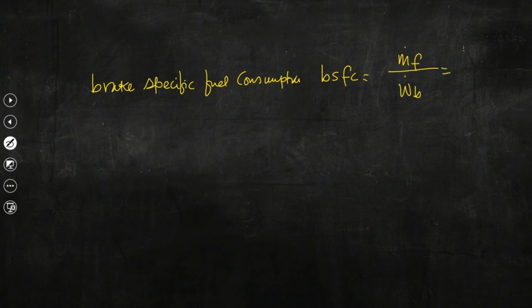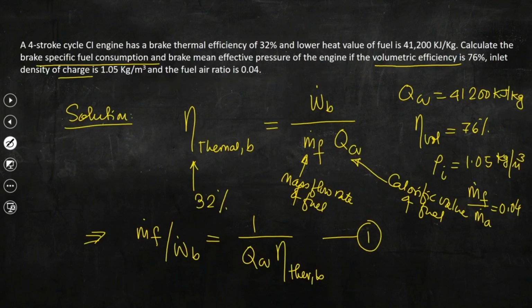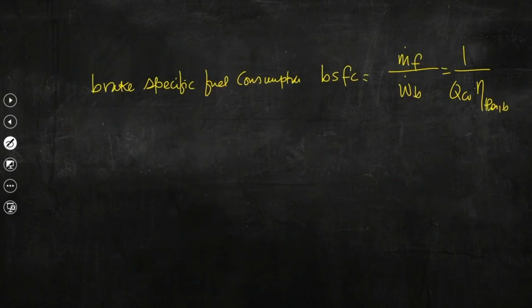Already we have written this quantity. So, this is nothing but QCV into eta thermal break. We can write this from the previous slide, because we had written that this quantity can be written in terms of the calorific value of the fuel and break thermal efficiency, and if we calculate it, we will be getting 7.58 into 10 power minus 5 kg per second per kilowatt.